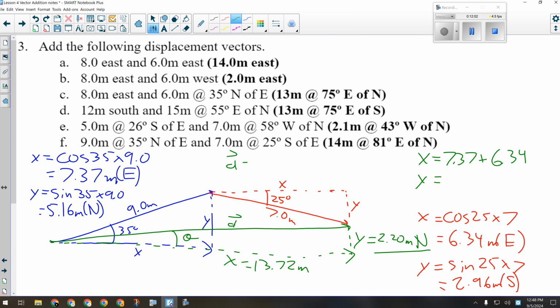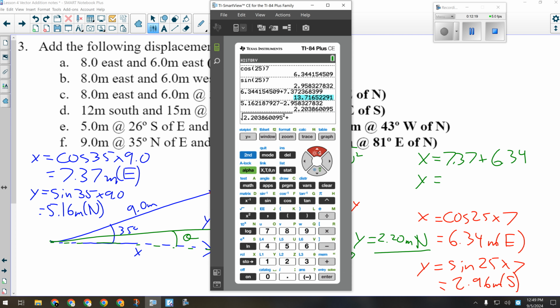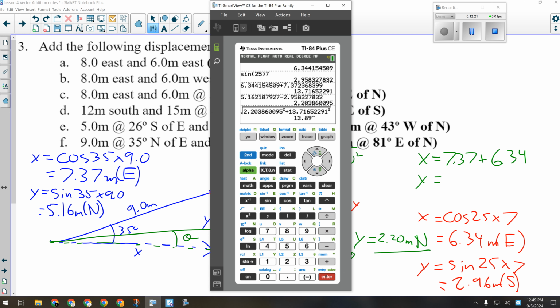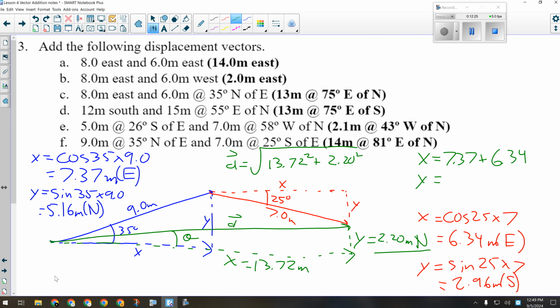So the total displacement will be the Pythagorean theorem of 13.72, that's the x squared, plus 2.20, that's the y squared. All right, so punch those into our calculator. That one squared plus that one squared is going to give me 13.89 meters.